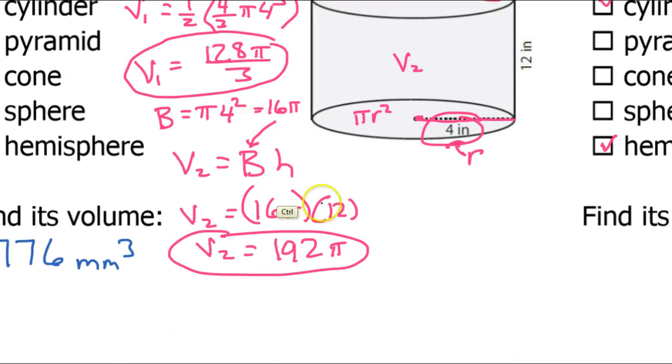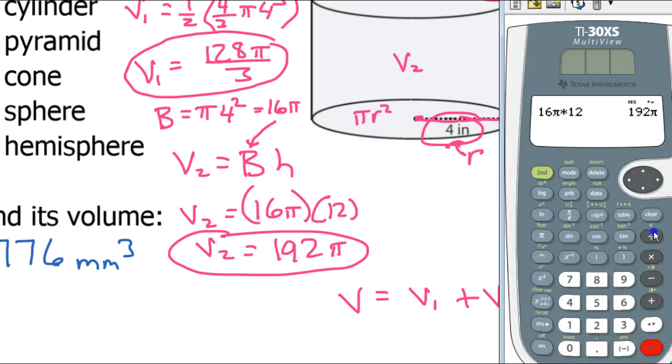Now I've got volume 1 and volume 2. The overall volume is going to equal volume 1 plus volume 2. So I'm going to do 128 pi over 3 plus 192 pi.